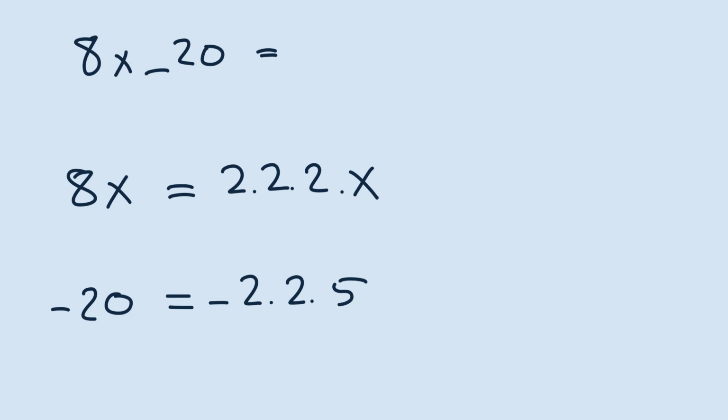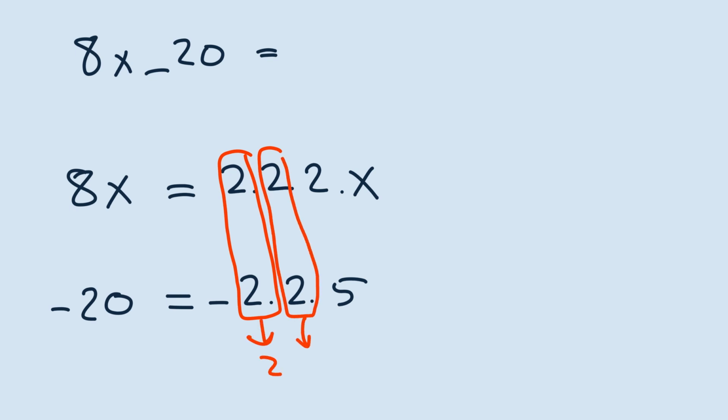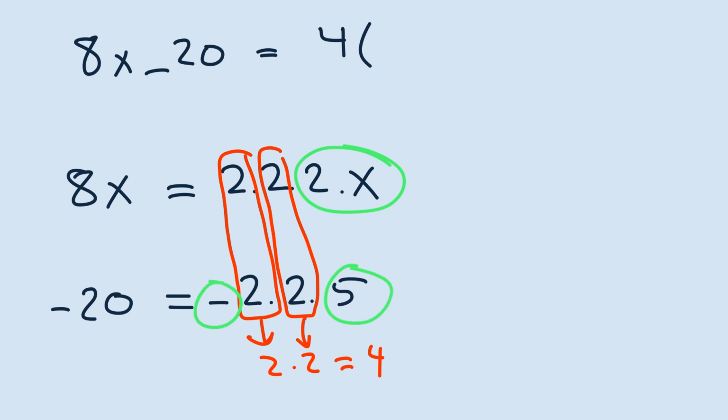Now, from here we can conclude that the greatest common factor can be 2 and 2. So we will have 2 here and 2 here. 2 times 2 is 4. So the greatest common factor is 4. Now I have to open a parenthesis, and whatever is left up and down, I have to write between the parentheses. Up we have x, and down we have a negative sign with 5.